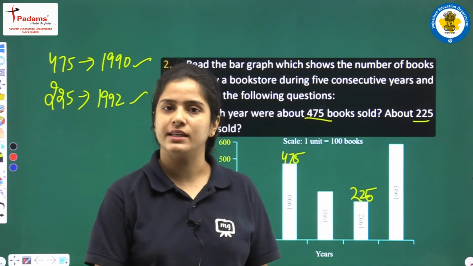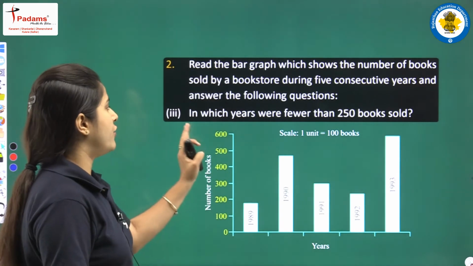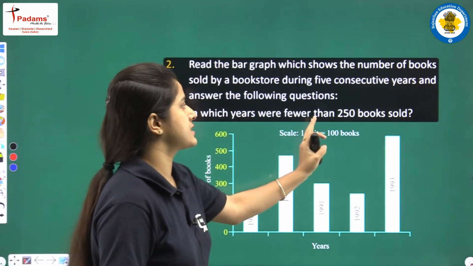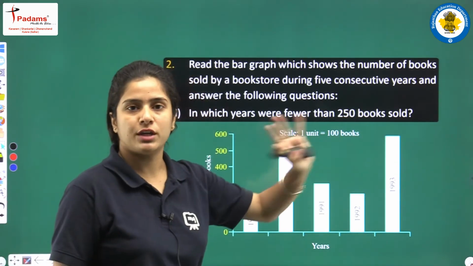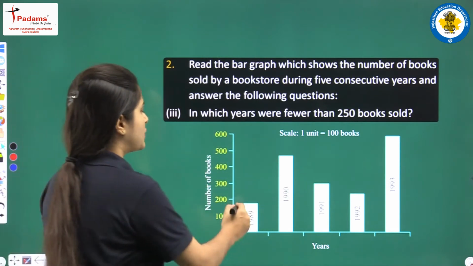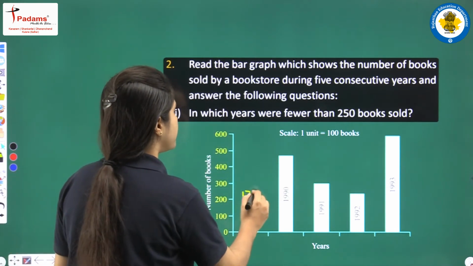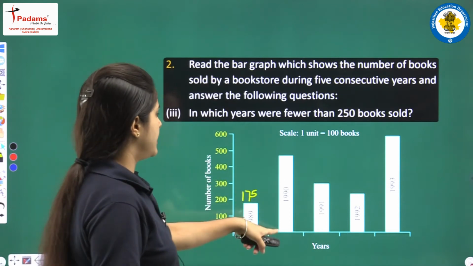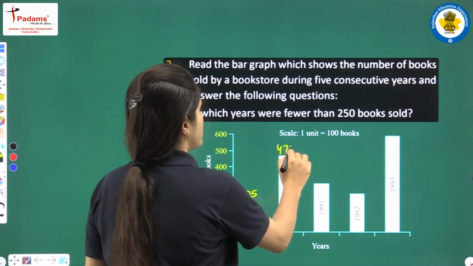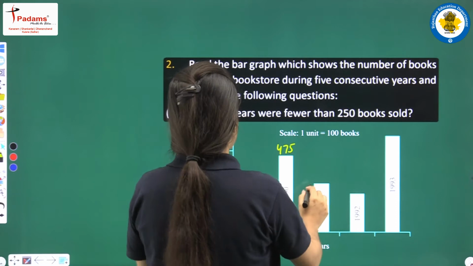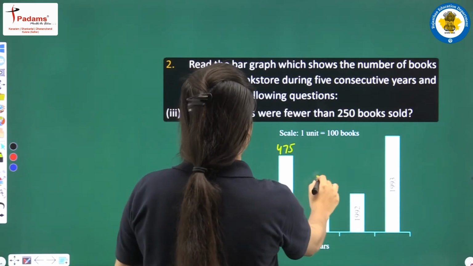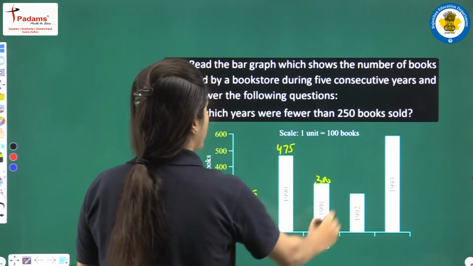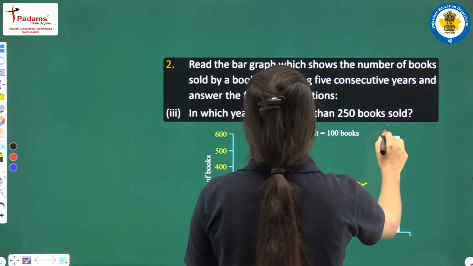Now the next part: in which years were fewer than 250 books sold? Firstly, in 1989, 175 books were sold; in this one 475; and in this one it is approximately 300; and this is clearly 600.